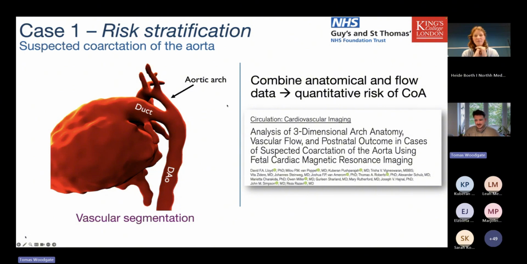We then feed that data back to the referring cardiologist, and it's up to them how to assimilate that with the rest of the data they've got from their imaging, and decide whether this is a patient that they'd be happy to deliver locally, for instance.